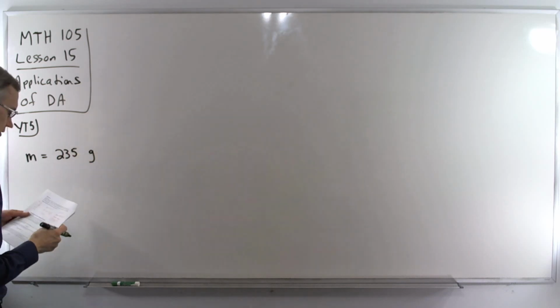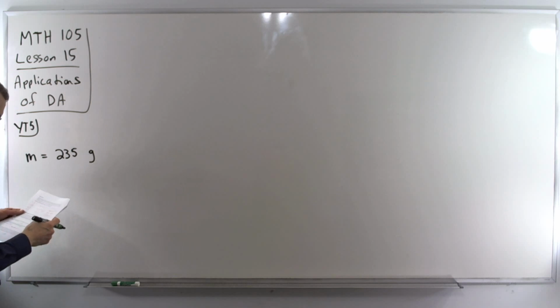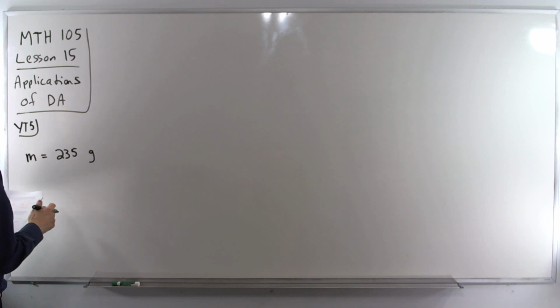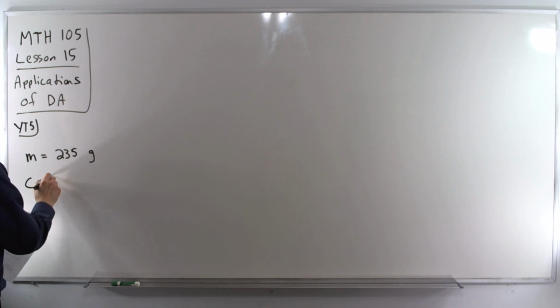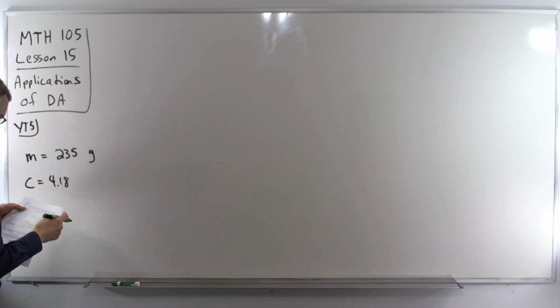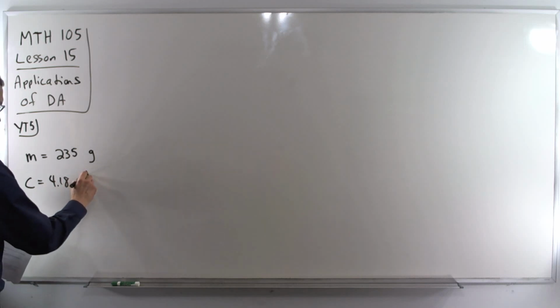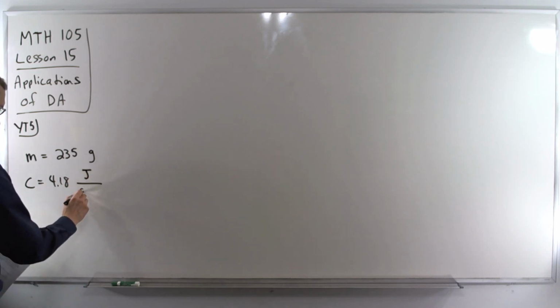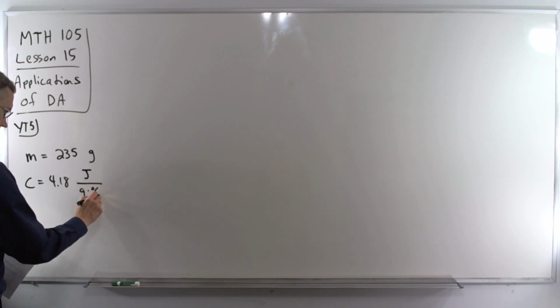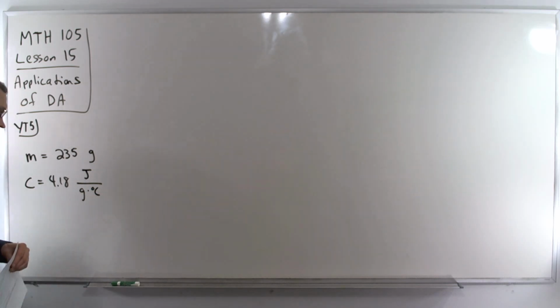Our mass, 235 grams. We've got heat capacity, which has a variable C, and that's 4.18. And the units on that, joules per gram degree Celsius. J for joules, G for gram, degree Celsius.